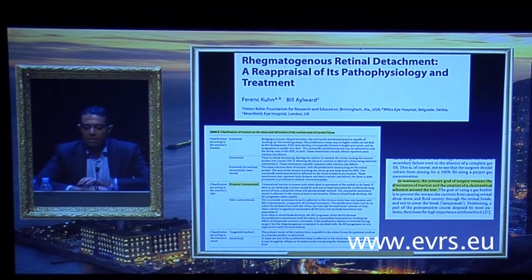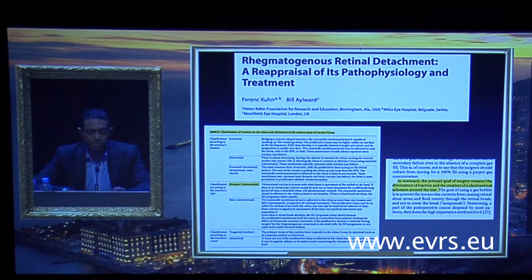What Ferenc Kuhn mentioned was published recently in 2014 in a very nice paper, which elaborated in detail the mechanism of traction and stressed the idea that we need to eliminate the traction to have a direct, straightforward solution for the pathophysiology. But as mentioned, it is easy to say, difficult to do.